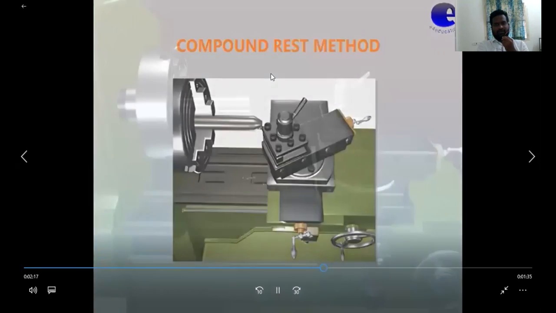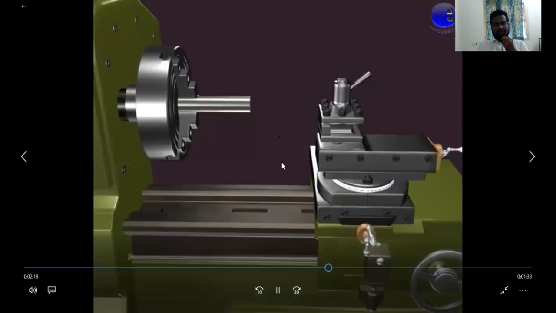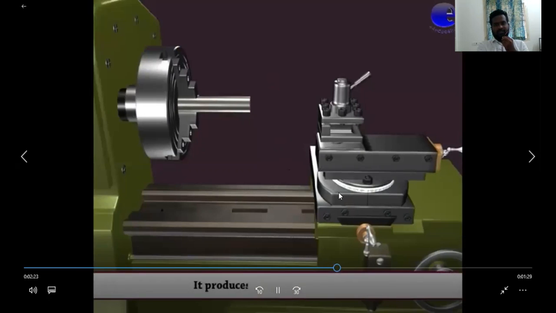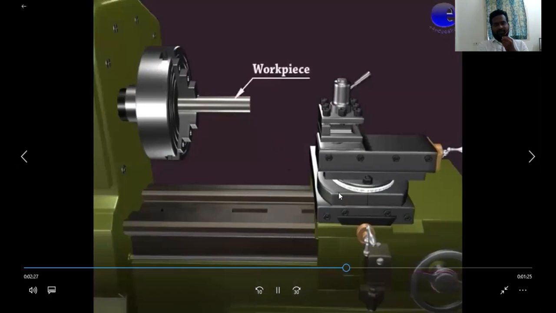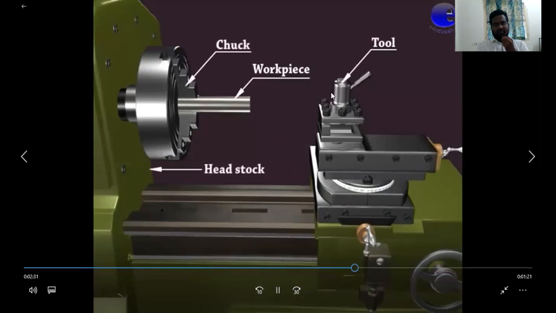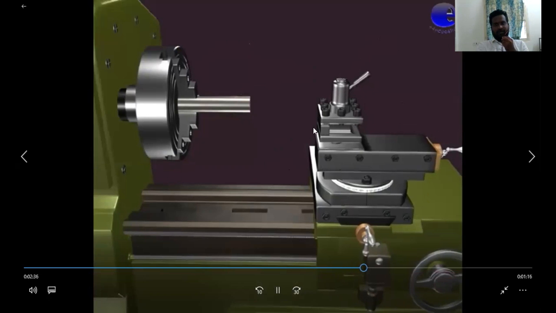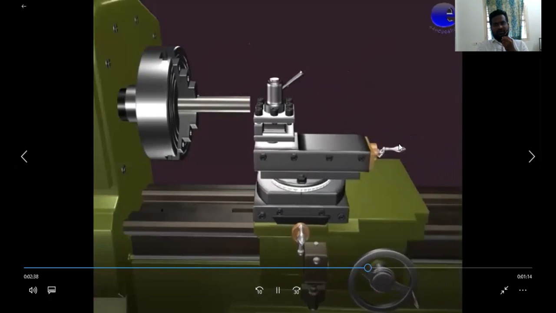Next, the third one is the compound rest method. In this method, we have a graduated degree scale on the compound rest. By calculating some angle based on our taper, we fix our tool in that angular position, and with that angular movement only we move the compound rest.